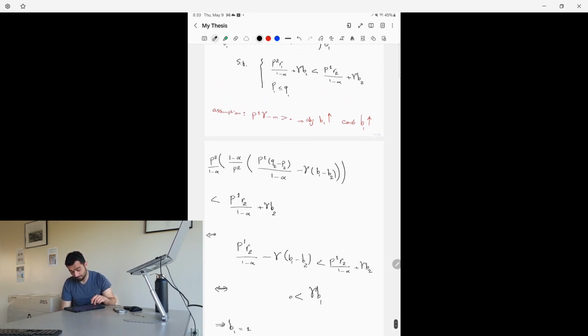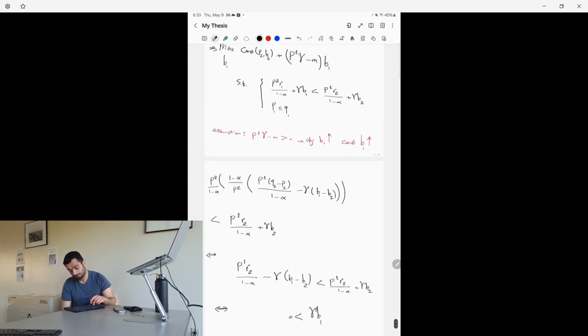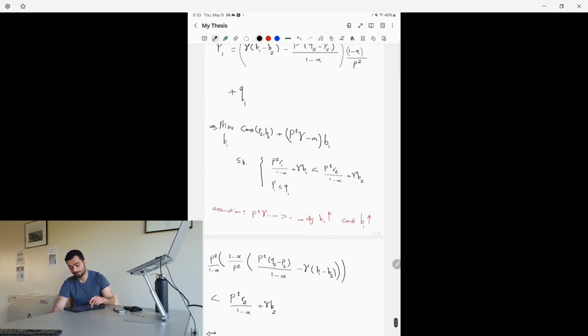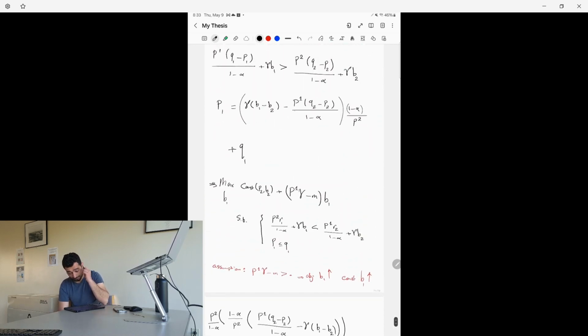And then we have this thing that we have to check if P1 stays Q1 or not.